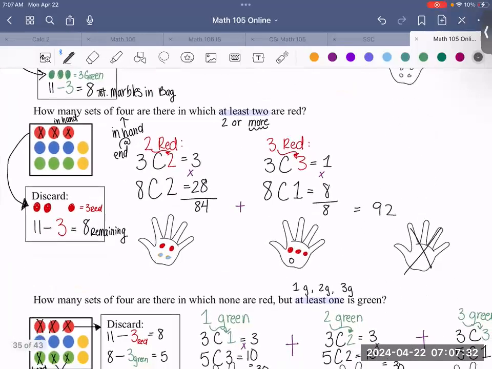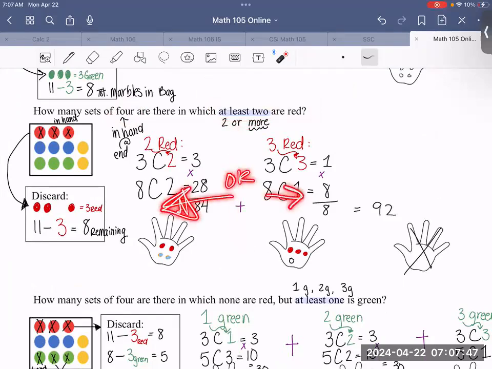We did it again. We said at least 2 are red, again, sets of 4. So when it says at least or at most, then we're going to have some things called alternatives: either this happens or this happens. So at least 2 means 2 or more.